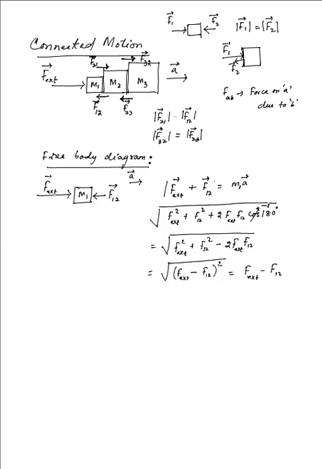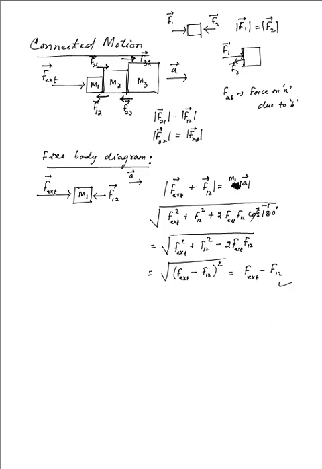So if I keep this in the form of magnitude as well, then I write m1 once again for a clear view of it. So m1 times a magnitude wise, and the magnitude over here is simply F external.